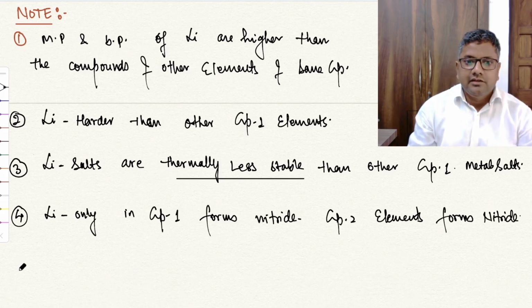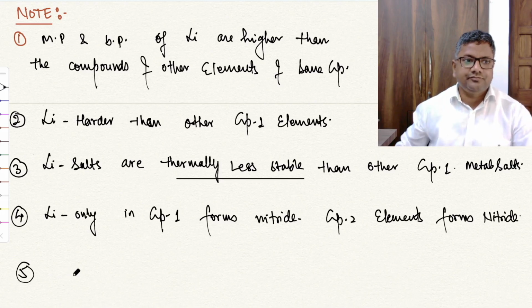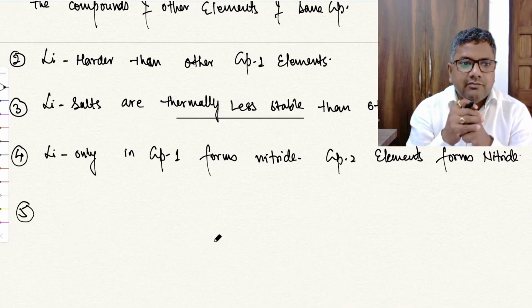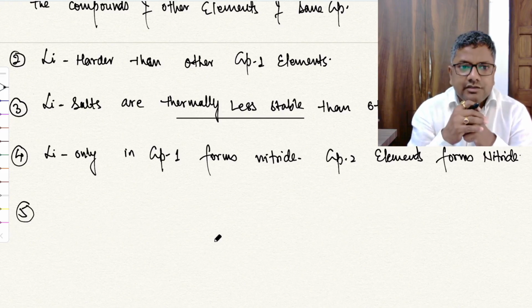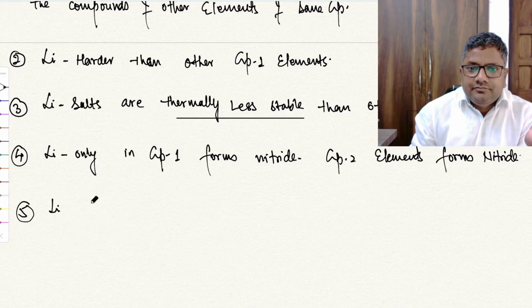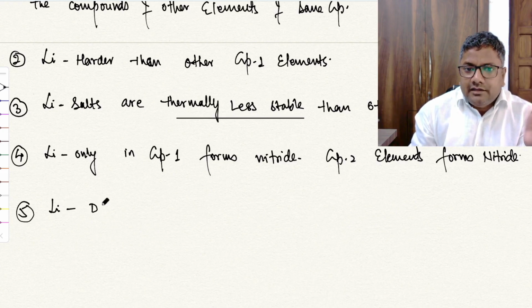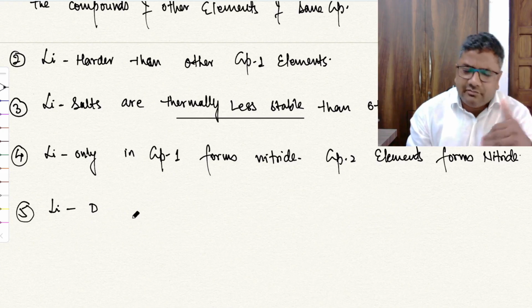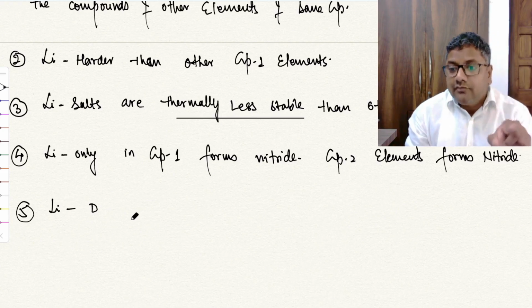Okay. Now the next point is lithium reacts with carbon to form ionic carbide, right? And other group 1 elements do not react directly with carbon. Direct reaction is important. Every element in this group will form carbide, but not with a direct reaction.